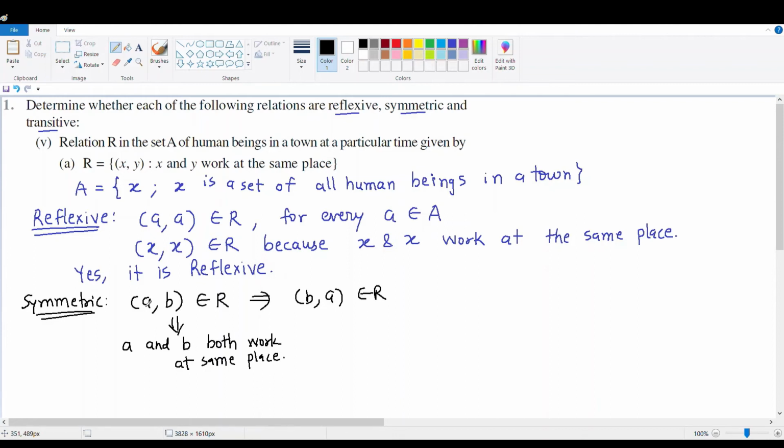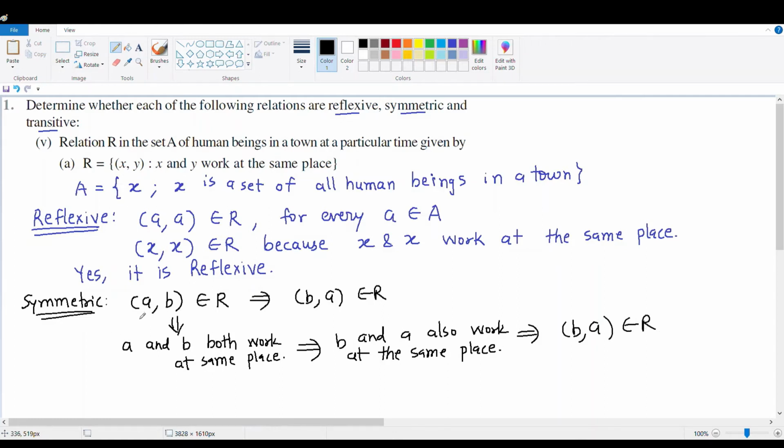If we take A as x and B as y, then x and y both work at the same place, which means y and x also work at the same place, right? If A and B both work at the same place, then B and A also work at the same place.